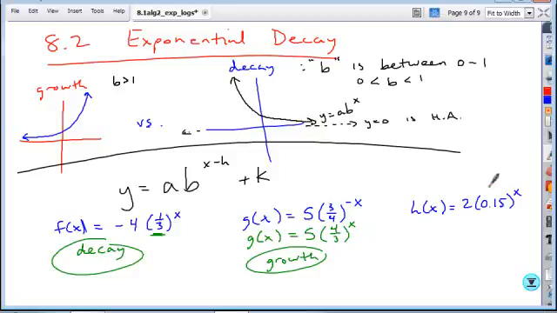Right, so let's take a look at some adjustments made to this function. Again, it should be a review of what we did in the first section. I want you to see if you can graph this equation for me, please.